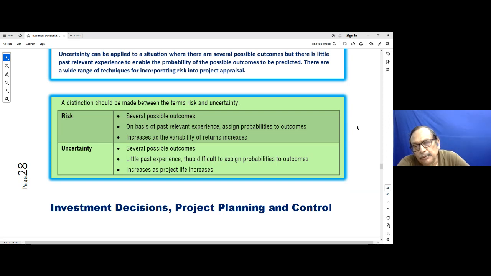We are required to assign probabilities to outcomes, and it increases as the variability of return increases. Uncertainty: several possible outcomes, little past experience, thus difficult to assign probabilities to outcomes, and it also increases as project life increases. So risk and uncertainty, although there are elements which are common, are not the same.